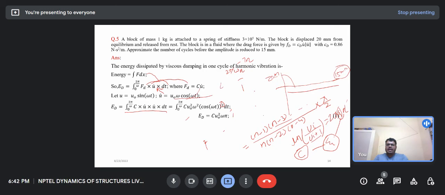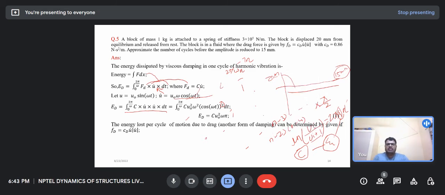Now another form of energy dissipation is introduced by the drag force from the fluid. That form is given to you as F_d equals c_d u dot times the modulus of u dot. You have to do nothing different.